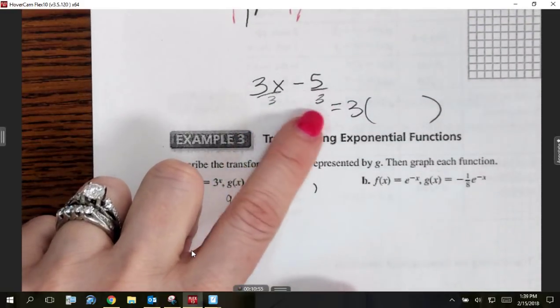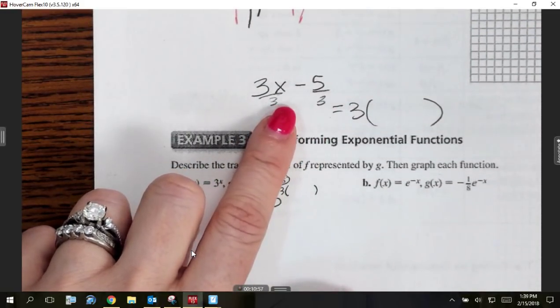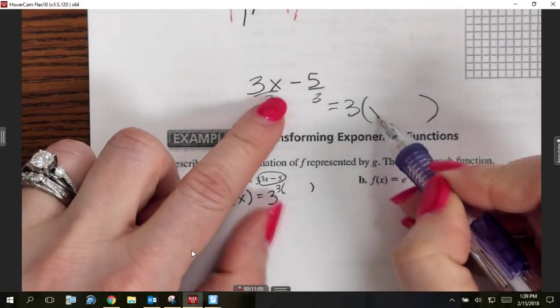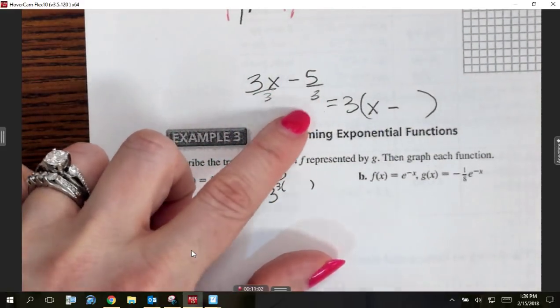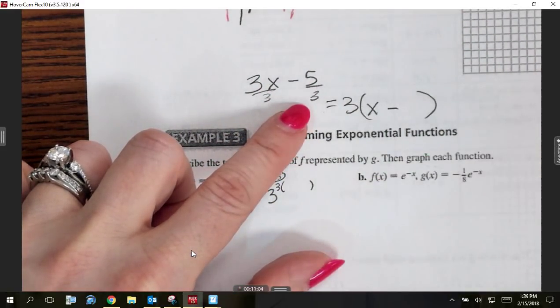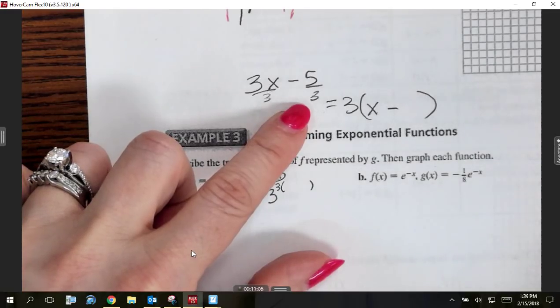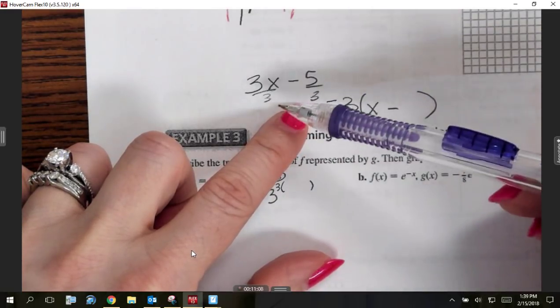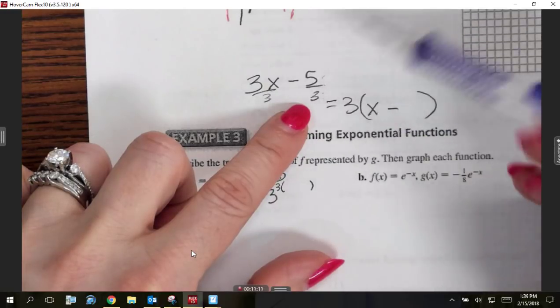If I'm factoring out 3, what did I just do? Dividing it out. So here I'll have x minus left over, but what does this number become? What's this number? It's 5/3.